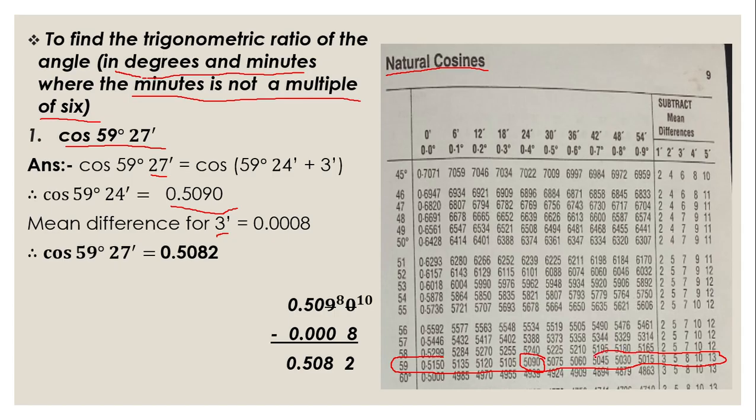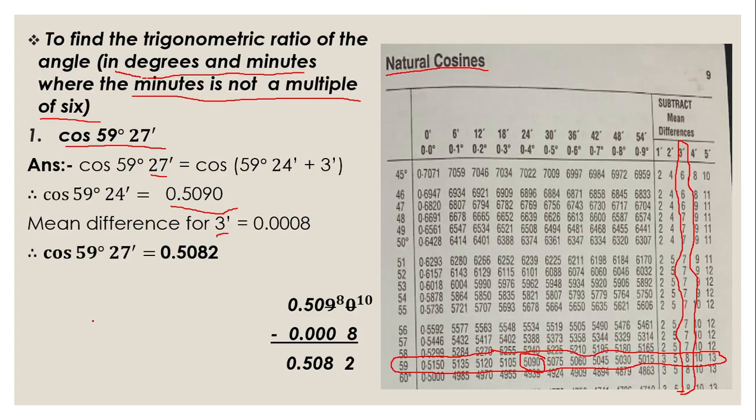Then you have to find the intersection of 59 degree row and, under the mean difference, the 3 minutes column.